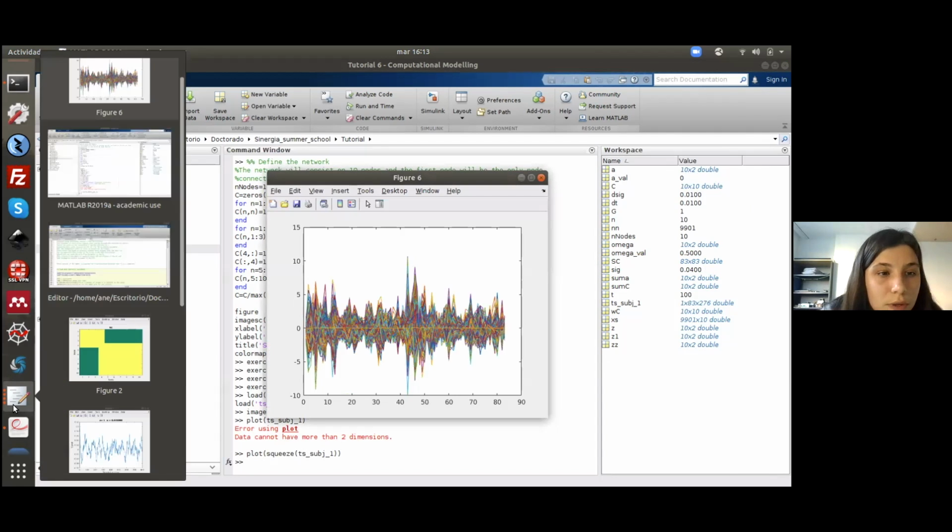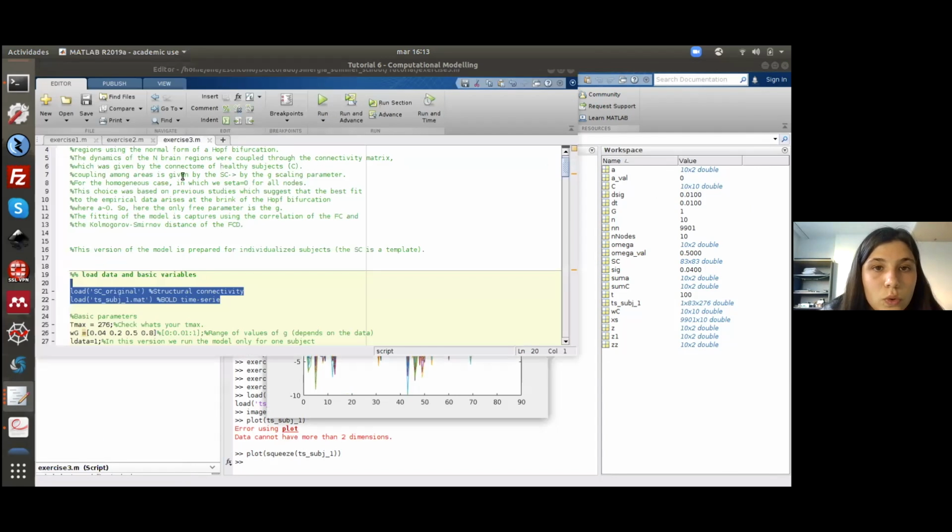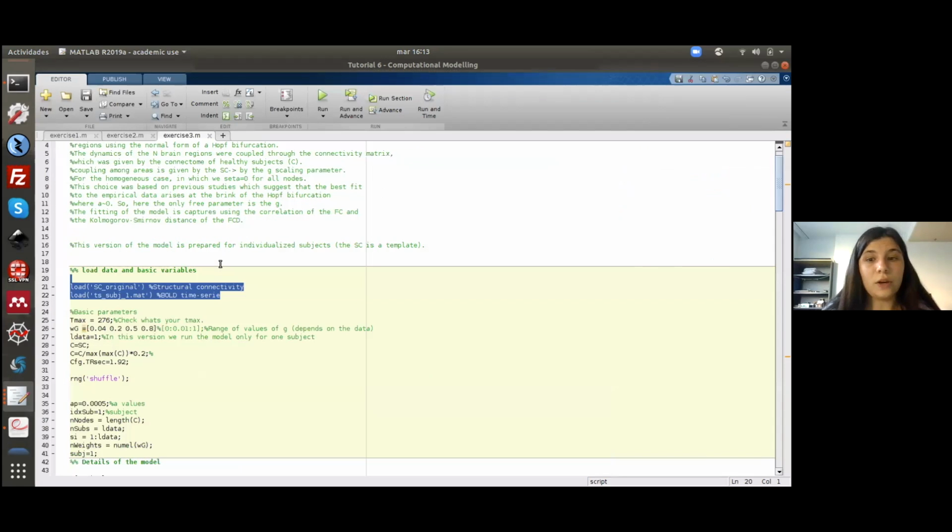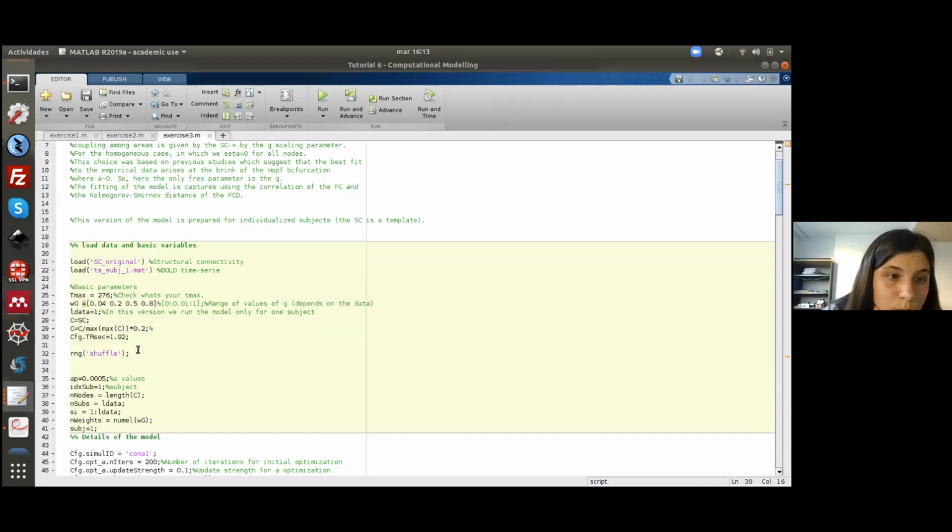So these are the data that we are going to use from the subject in order to set all the parameters of the model. Here we have again the first part where we are going to set the basic parameters that will be depending on the signals and on the structural connectome that we have.